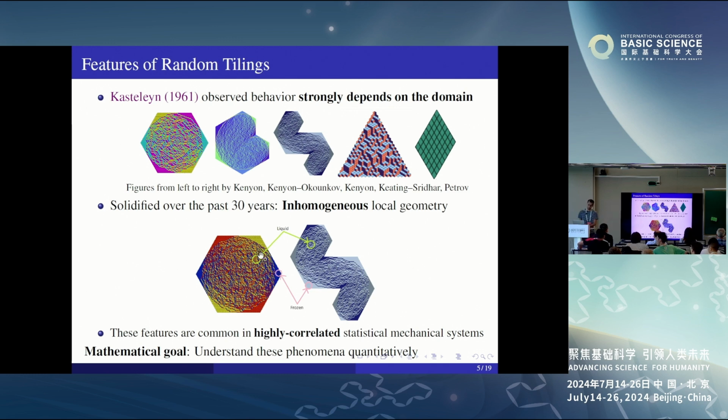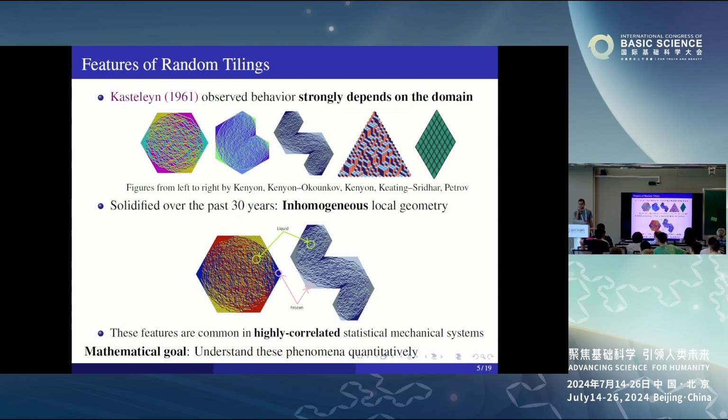Whereas if I look deep inside this inscribed circle, I'll see all 3 different types of tiles, and they'll be randomly interspersed, right? So this is just a way of saying that these random tilings are very homogeneous locally.